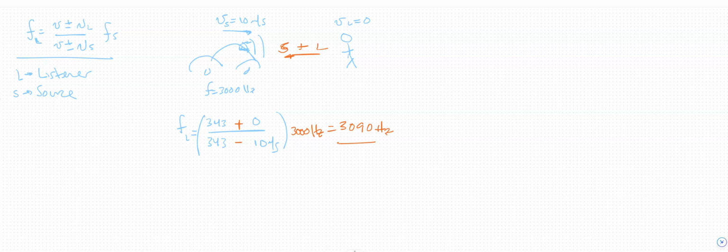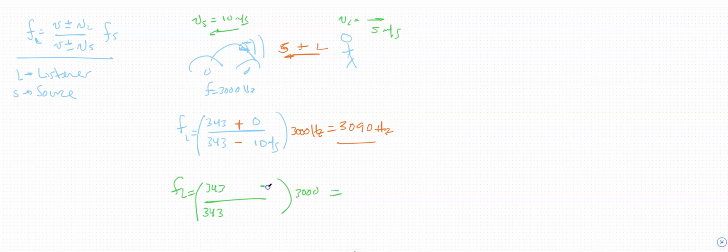Let's do it again, but now let's say the listener is moving towards the right at 5 meters per second, but the source is moving towards the left at 10 meters per second. So we do this again. 343, the frequency is 3000. And now the listener is moving at 5, the source is moving at 10.